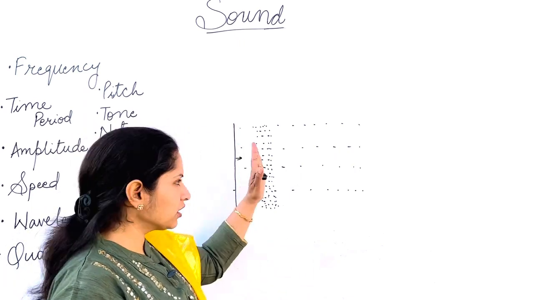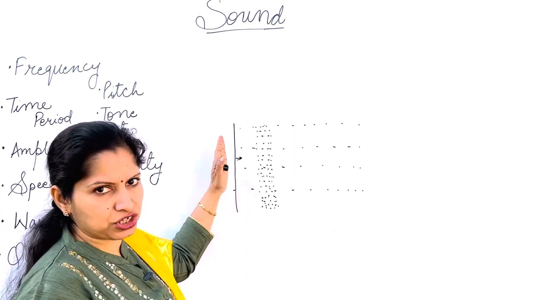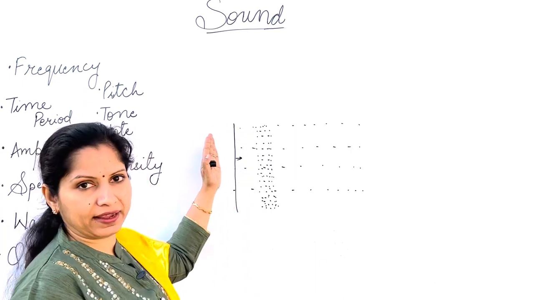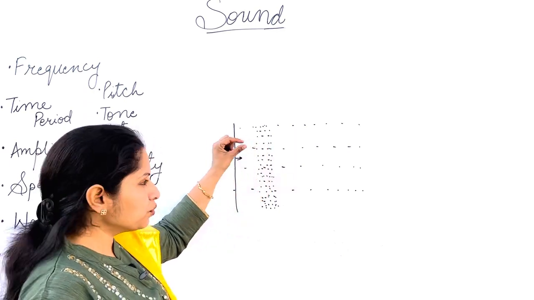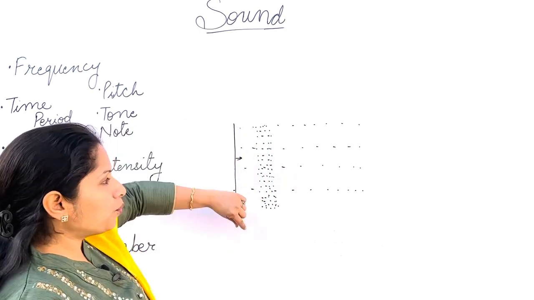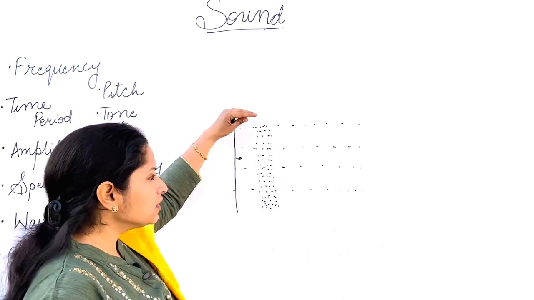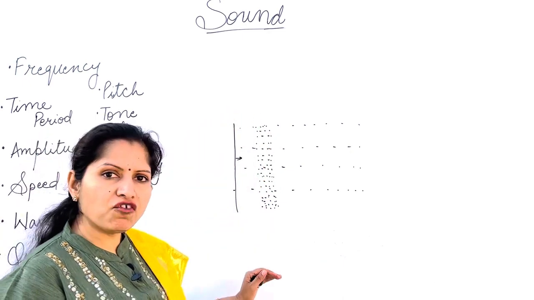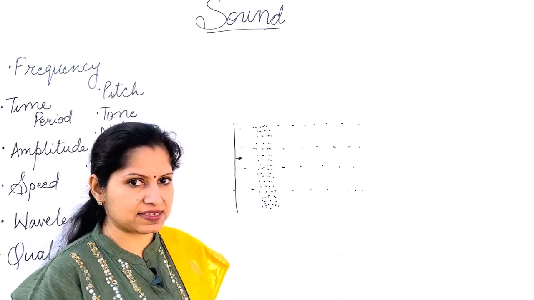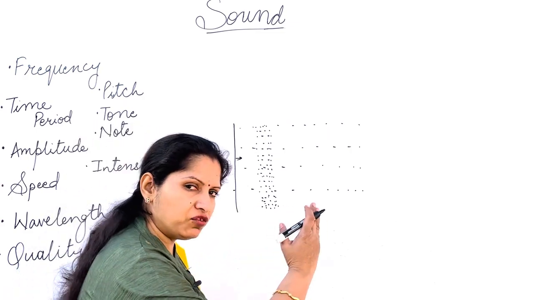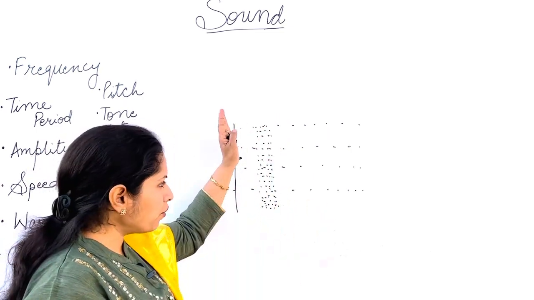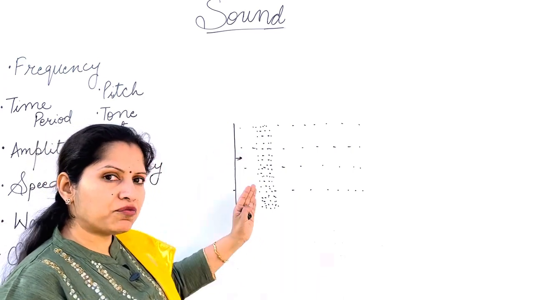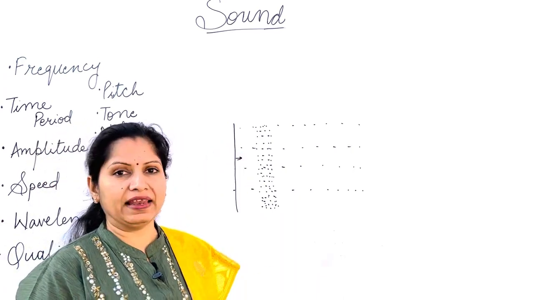But after pushing it, the drum went back to its original position. So what happened? The particles were all moved forward. So in the area from where it was pushed, the number of particles will be very, very less. Okay, so where they are pushed, at that particular area the number of particles will be more, and from where they were pushed, the number of particles in that area will be less.